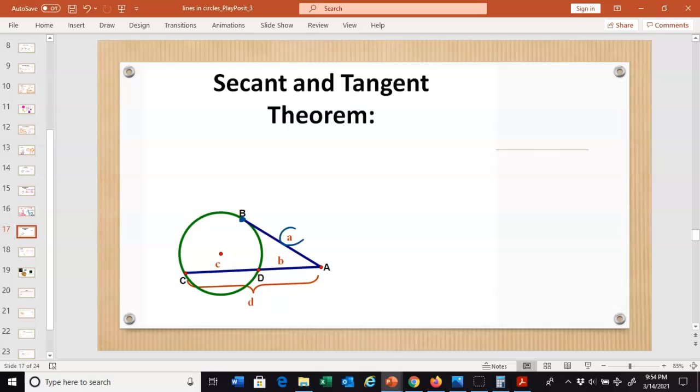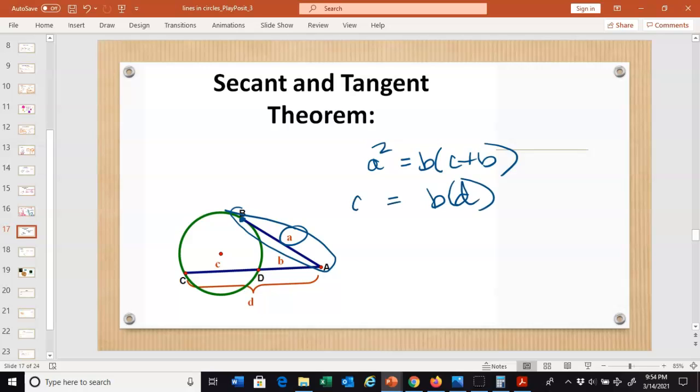So this one is the tangent piece squared equals the outside piece times the whole thing. Because we don't have an outside piece and whole thing here with the first segment, that's why we're squaring it. You could also write it like this, right? The way it's written, you could write B times D. They mean the same thing.